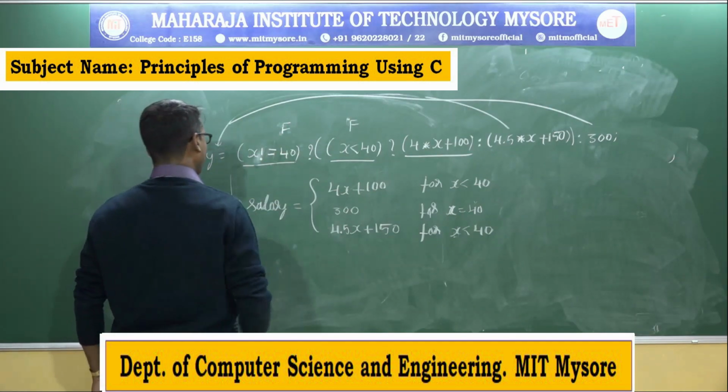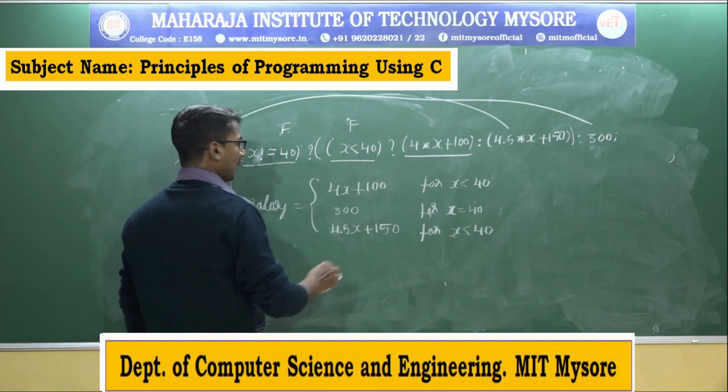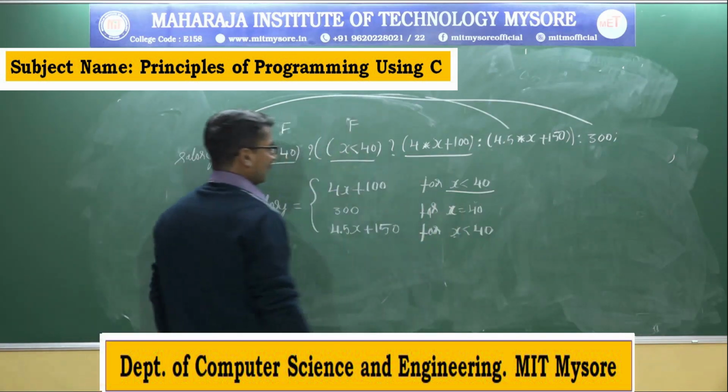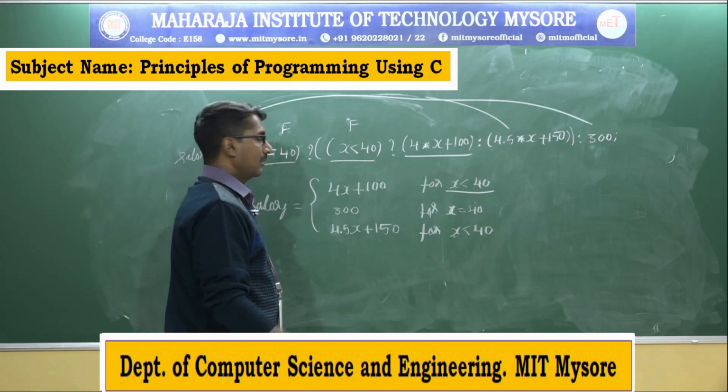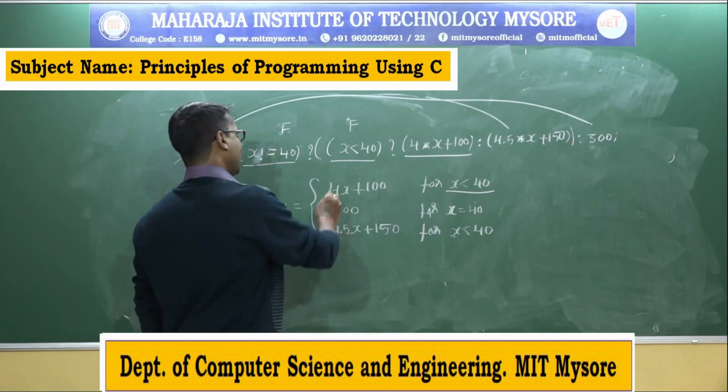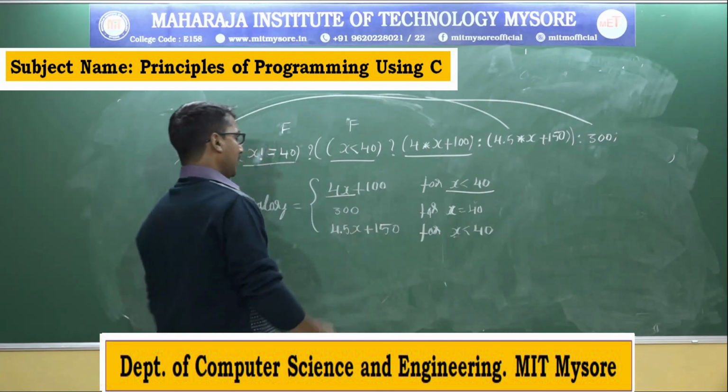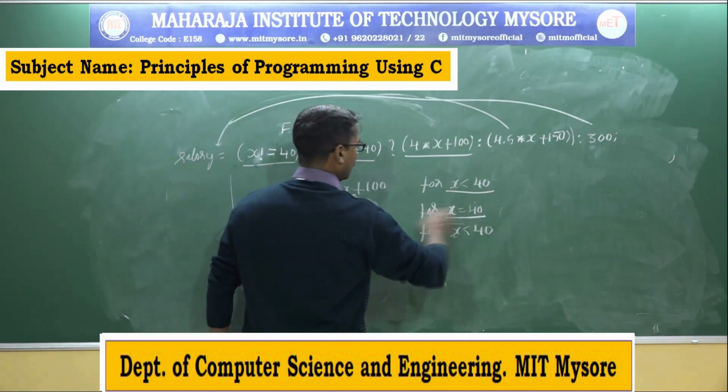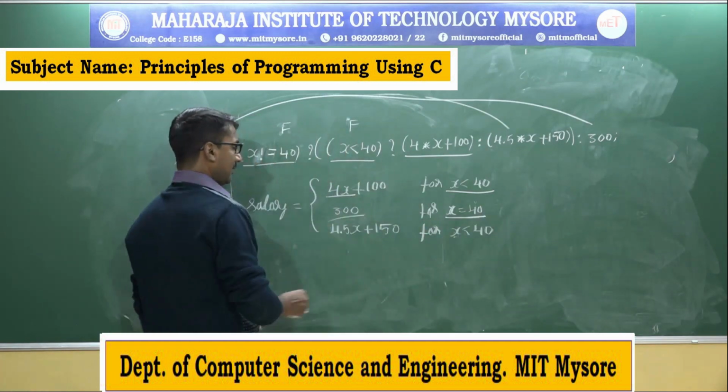This is the expression: salary is equal to, when the value of x is less than 40, then 4x plus 100. If x is equal to 40, then 300.